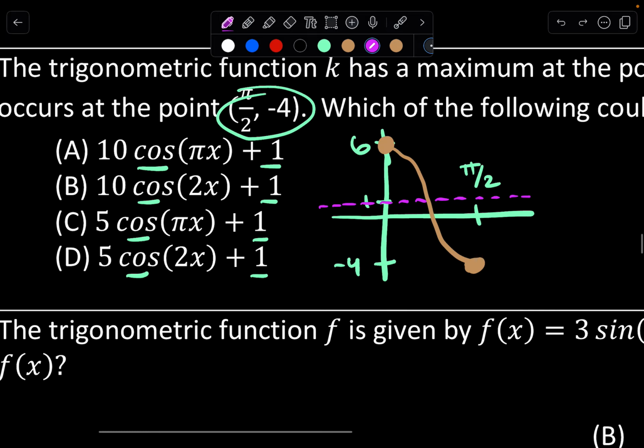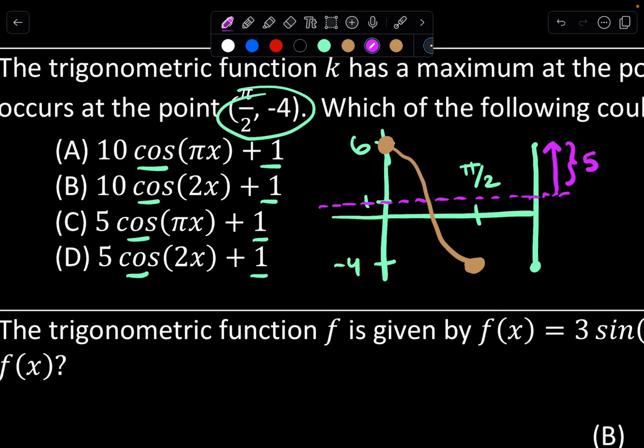So this is common. We see 10 and 5. If we look at this, the total distance from the maximum to the minimum is going to be 10. But for the amplitude, it's the distance from the midline to the relative extrema. Okay, so we only want this here, which that's going to be 5.